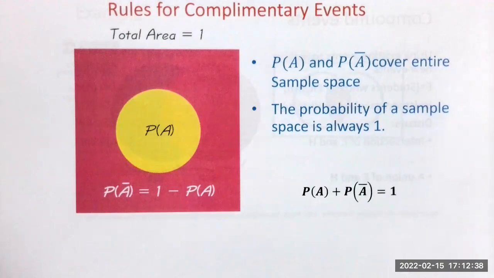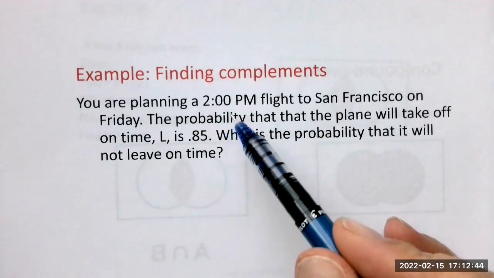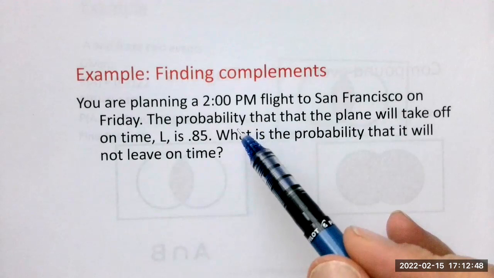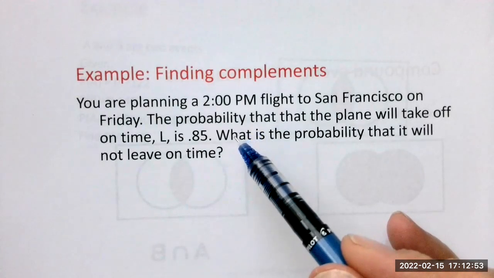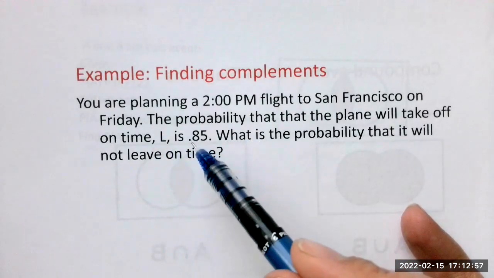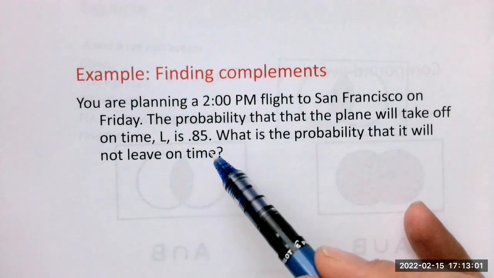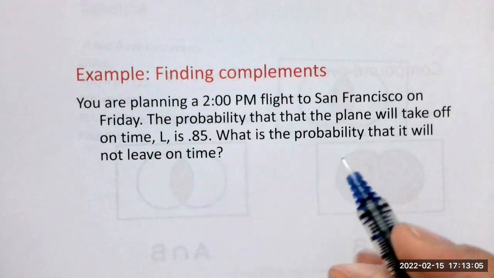Now let's apply this knowledge to this example. It says you're planning a 2 p.m. flight to San Francisco on Friday. The probability that the plane will take off on time, denoted by L, is 85% or 0.85. What is the probability that it will not leave on time?